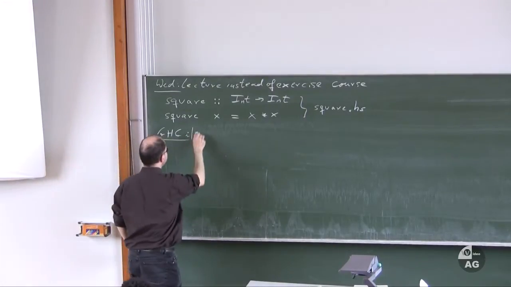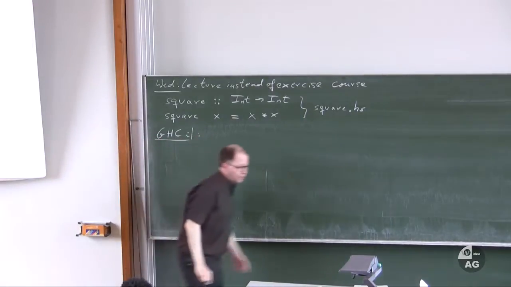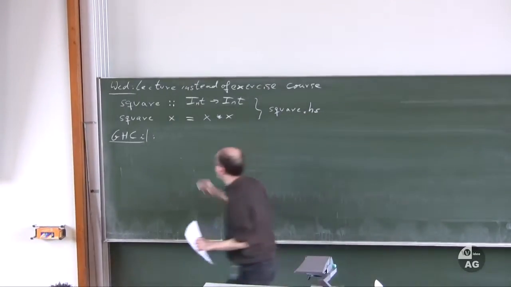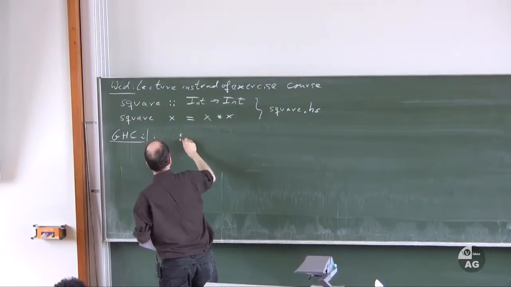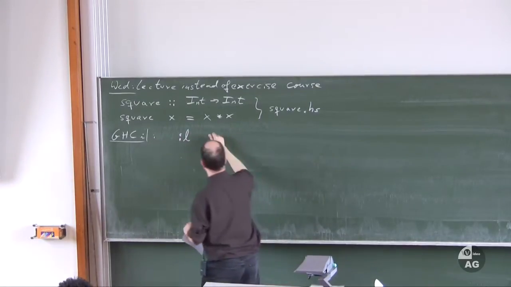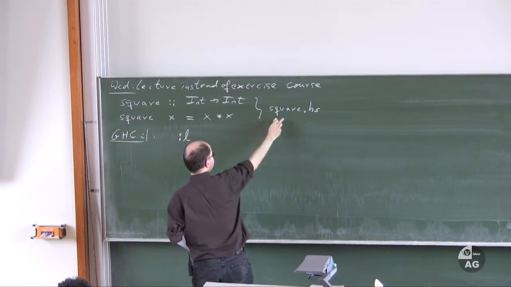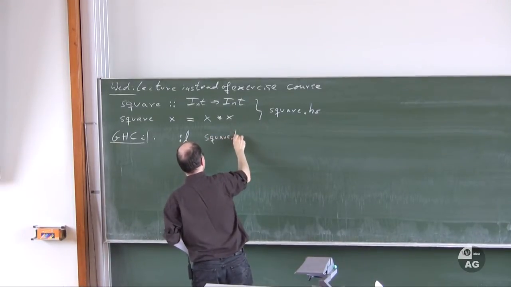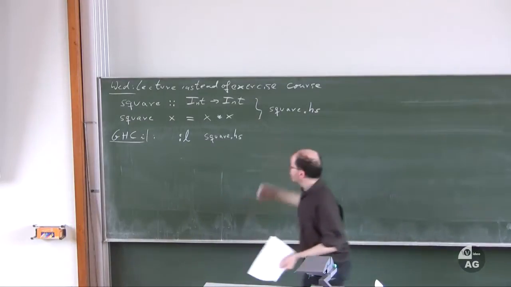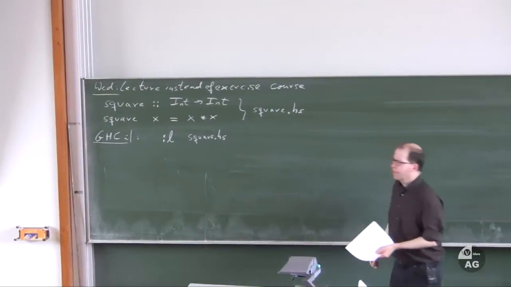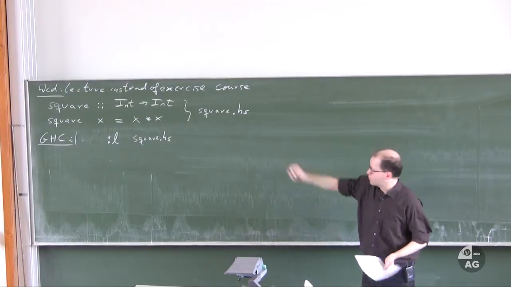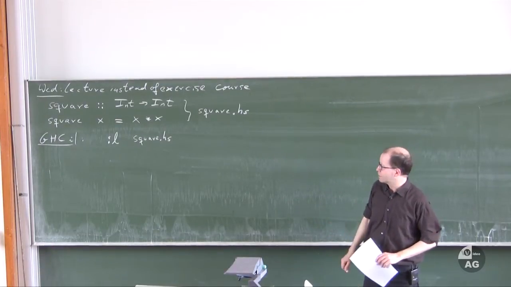There are certain commands here, and the commands in this interpreter start with a colon. For example, :l means load. If I say load square.hs, then it loads this file. And now Haskell knows not only the predefined operations, but also the operation square that we defined ourselves.